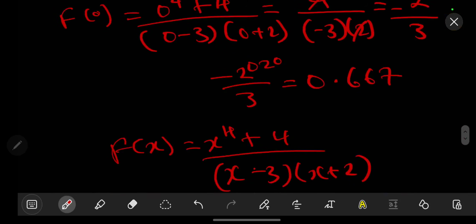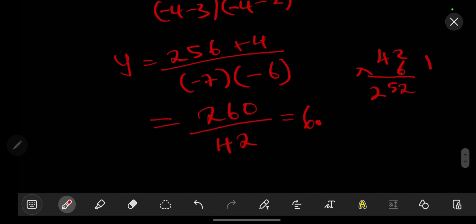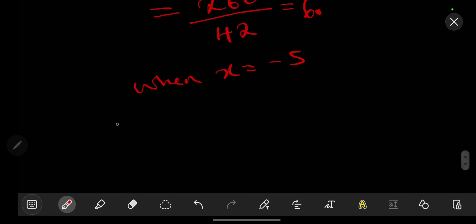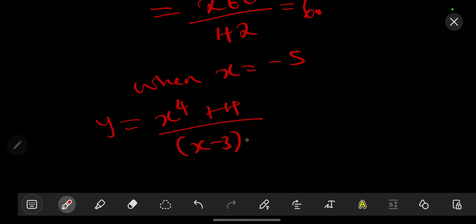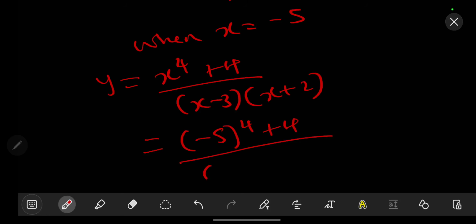Let's just verify to be sure. We advance x a bit, we go to -5. For y equal to x to the power 4 plus 4 over x minus 3 by x plus 2, we have -5 to the power 4 plus 4 over -5 minus 3, by -5 plus 2.